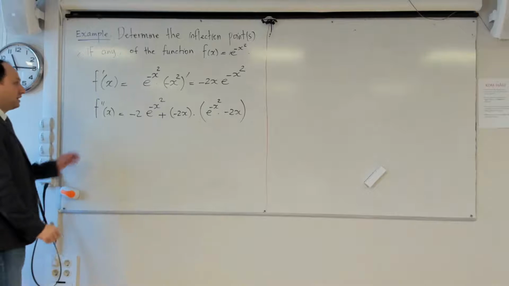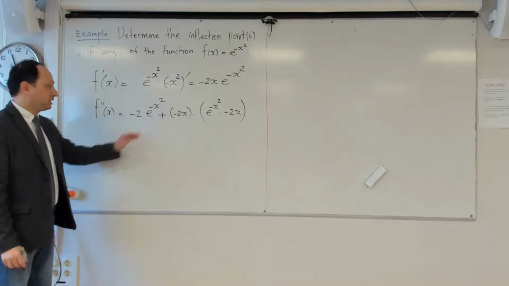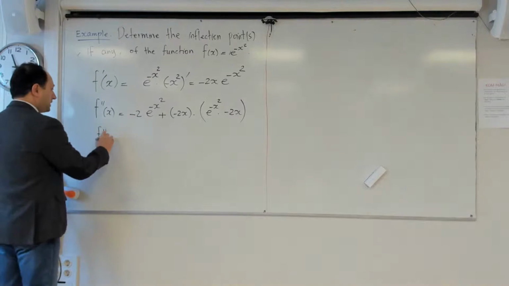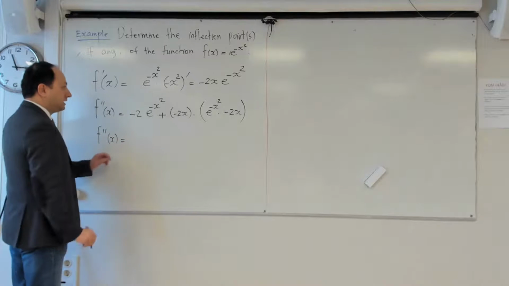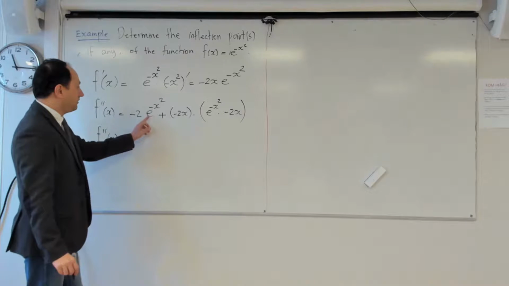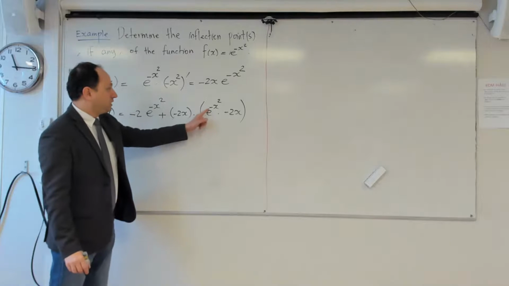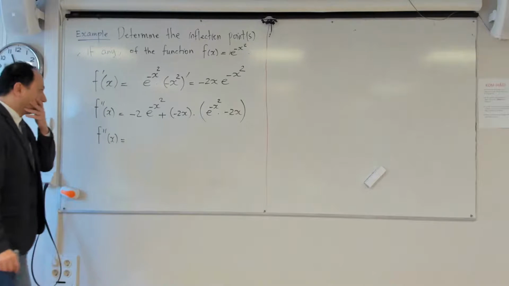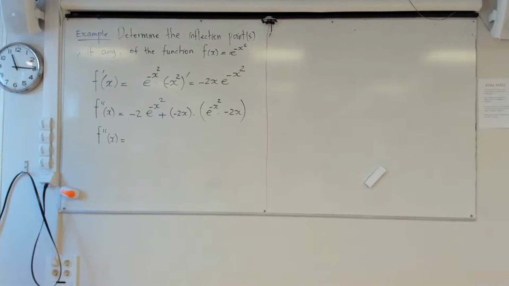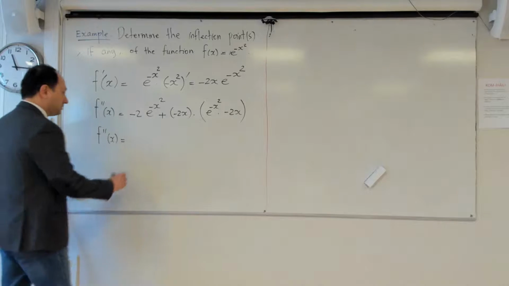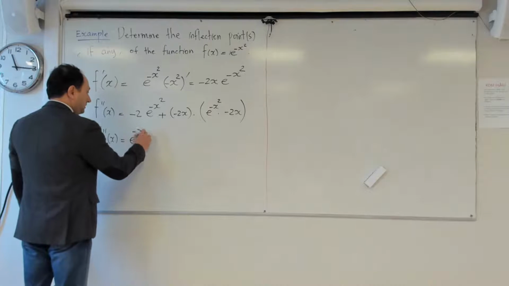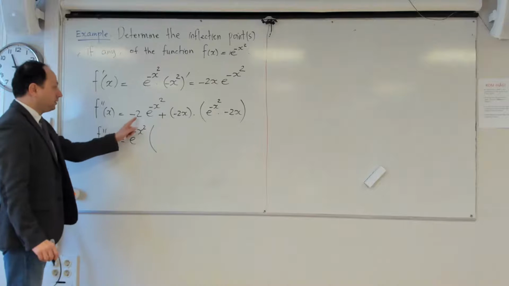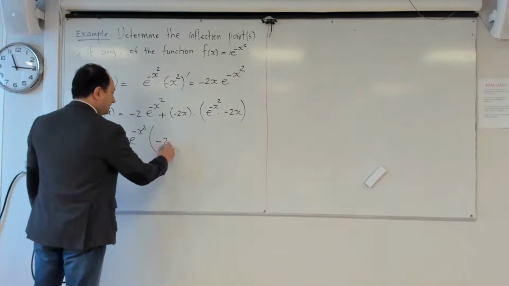Let us simplify that because we want to work with it, okay? So it would be better if I can simplify this a little bit. First of all, you see that I have e to power minus x squared here and here, and I can factor it out. Then from here, minus 2 is left.